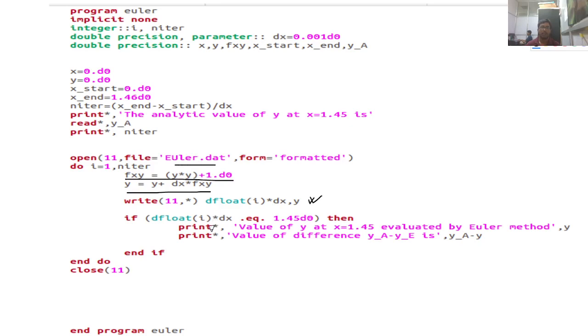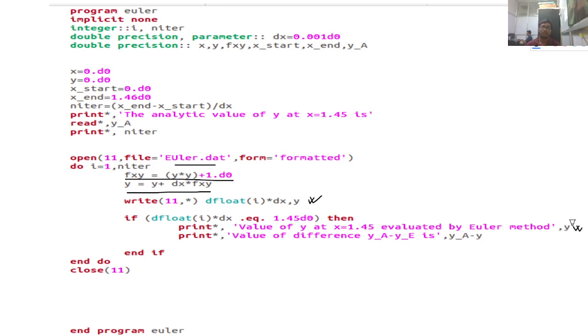Now as per the question, what we need to know is if the x value is equal to 1.45, then we have to print the value of y at that value of x, which I am going to get by this if statement: if float of I, since I is an integer, then I into dx will give us that particular value of x after the ith number of iterations, and if that is equal to 1.45, then we will get the value of y to be our required value for this question.